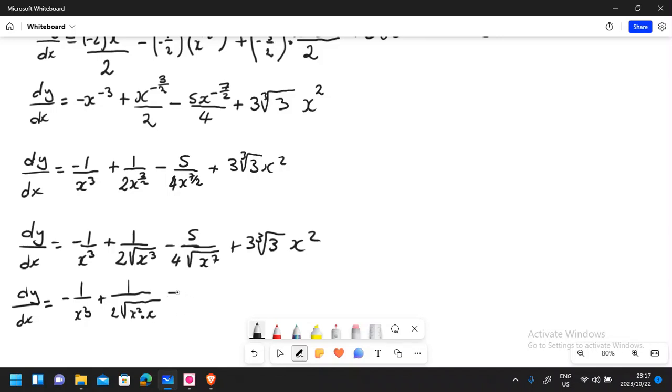And then you say minus. Remember, if the bases are the same and they are multiplying, the exponent you're gonna add. So you do the same thing here. You can say 4, and then on the square root you're gonna have x to the power of 6 multiplied by x, right?